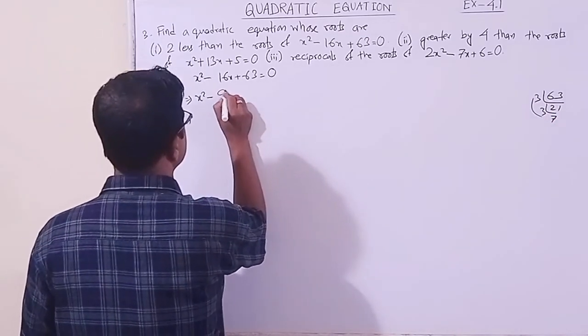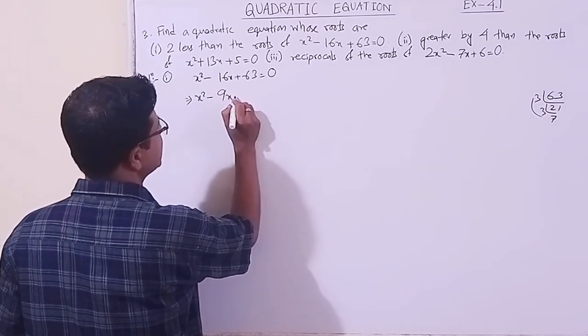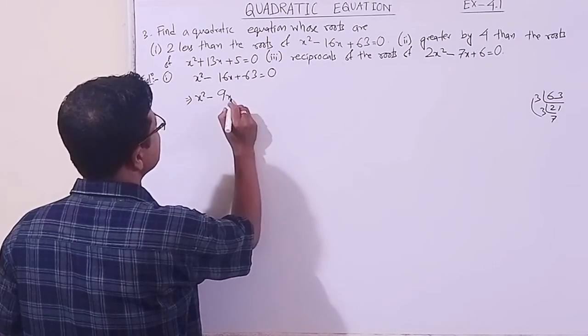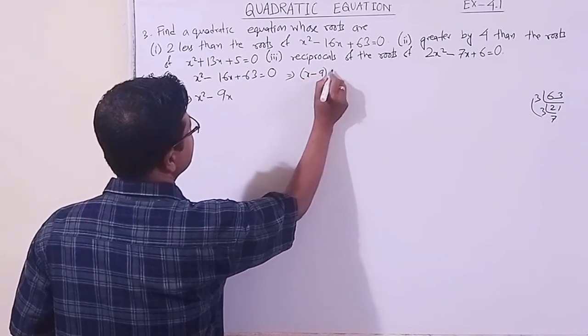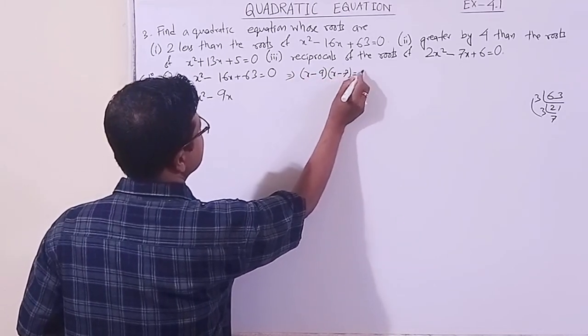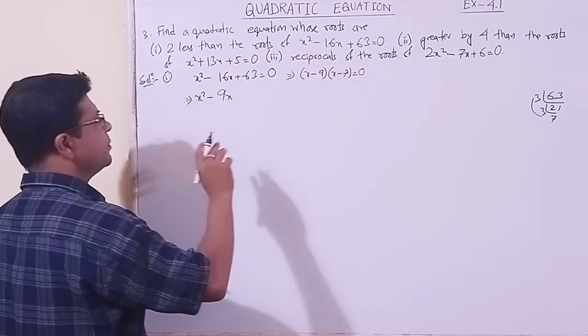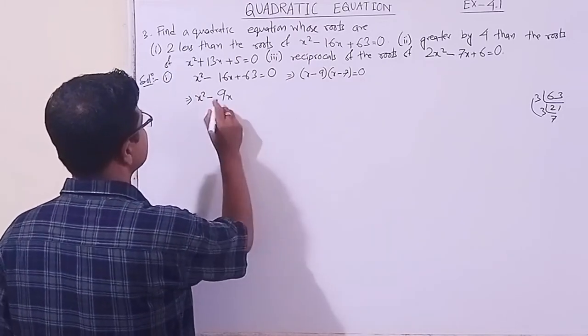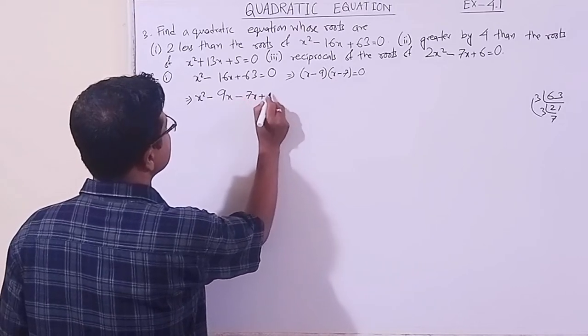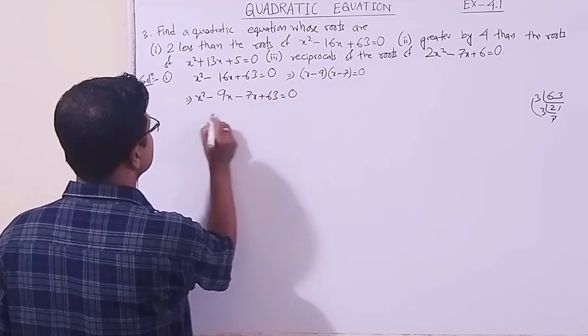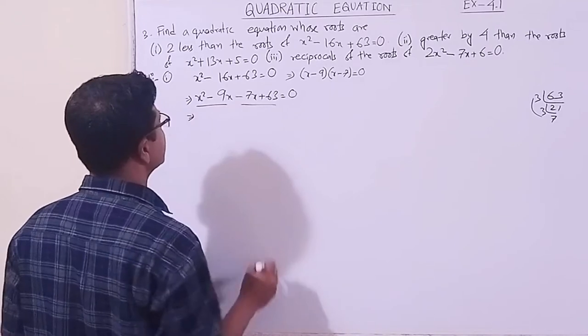I am doing this directly in one line, skipping steps. Directly also I can do this: x minus 9, x minus 7 equal to 0. In this way also we can write, but you need a little bit of practice. So here it is x square minus 9x minus 7x plus 63 equal to 0. Okay, so let us make a pair.